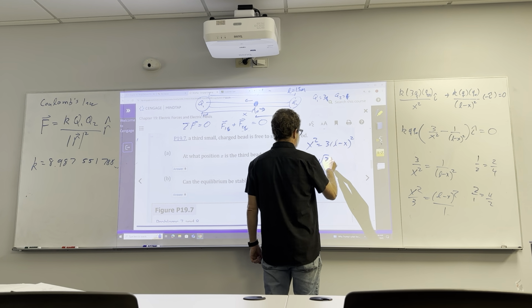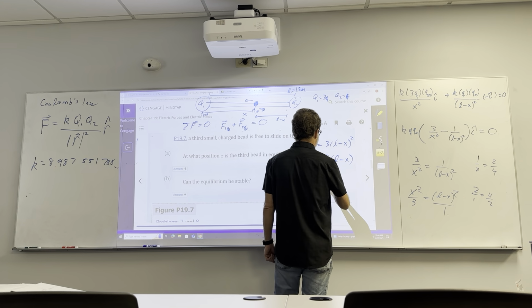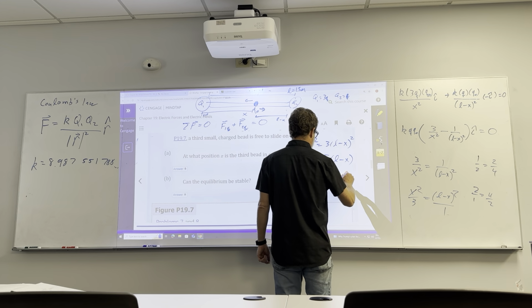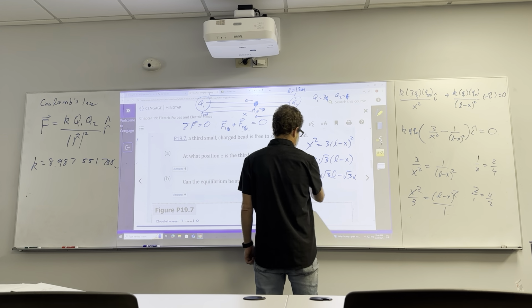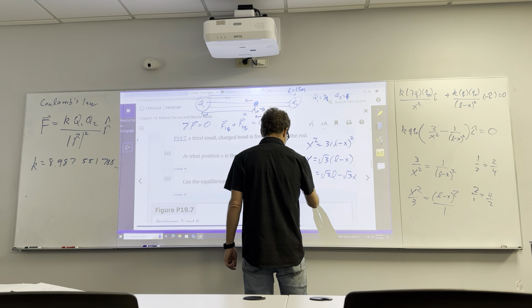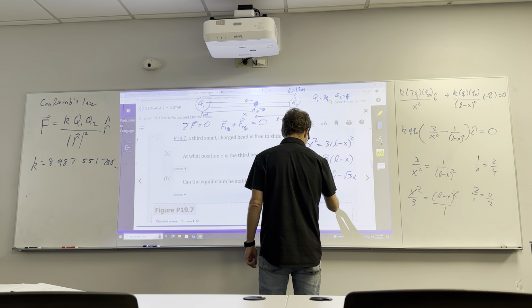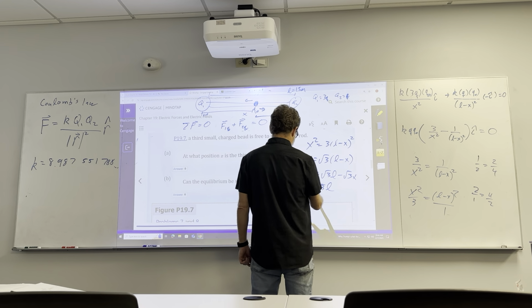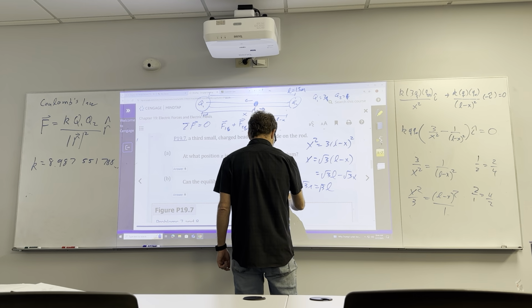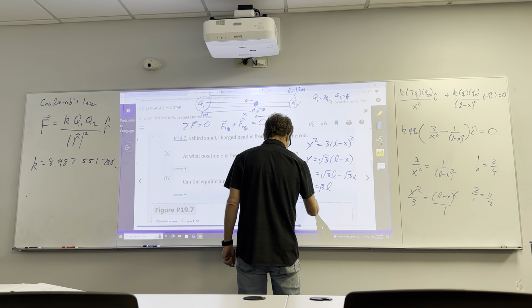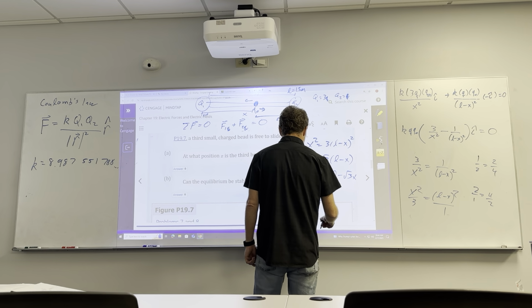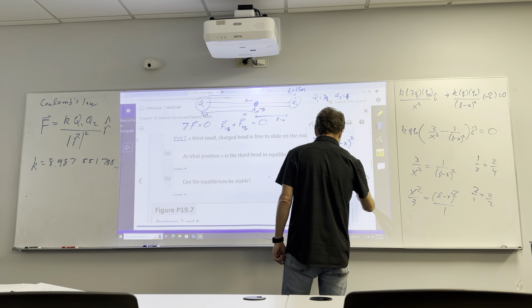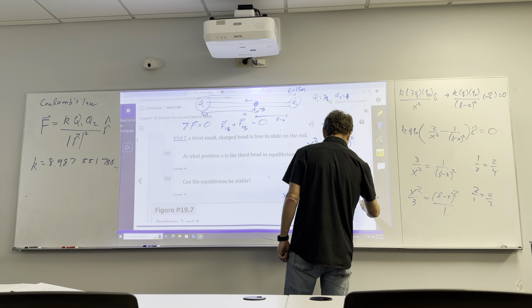X equals the square root of 3 times L minus X, which is square root of 3L minus square root of 3X. Bring that over: X plus square root of 3X equals square root of 3 times L. Factor X out: X times 1 plus square root of 3 equals square root of 3L. So X equals square root of 3L over 1 plus square root of 3.